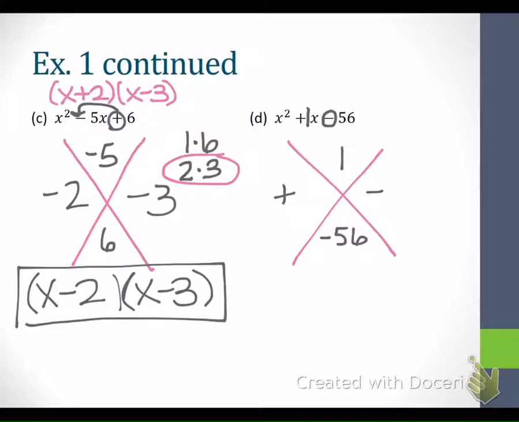Kennedy, what would we do next? All right. Give me the factors of which number? 56. 1 times 56. Okay. And 28, all right. 3? Just 3 times anything, give me 56.